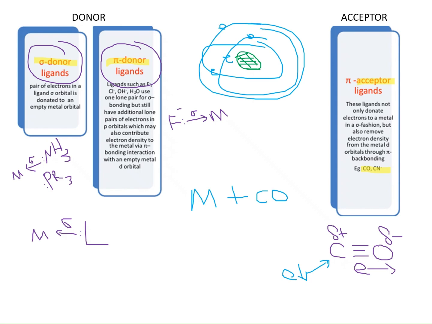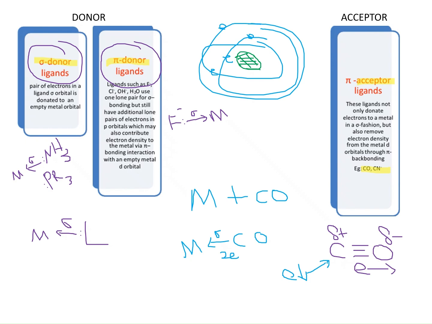We know that carbon monoxide will contribute its electrons to the metal. Carbon monoxide contributes 2 electrons to the metal, and this contribution makes a bond between carbon and the metal. That bond is called a sigma bond.